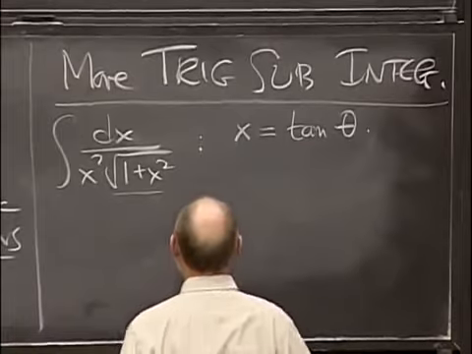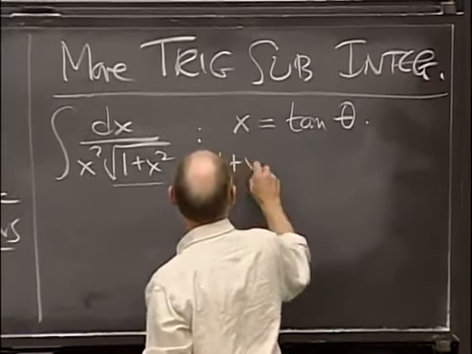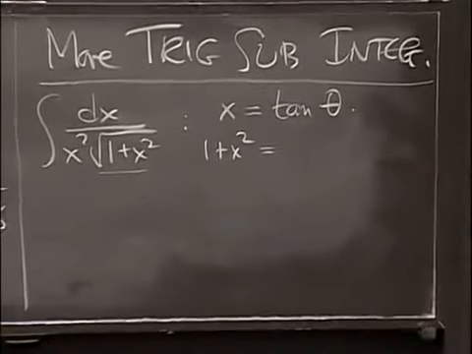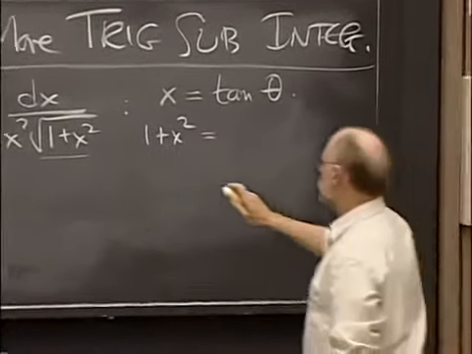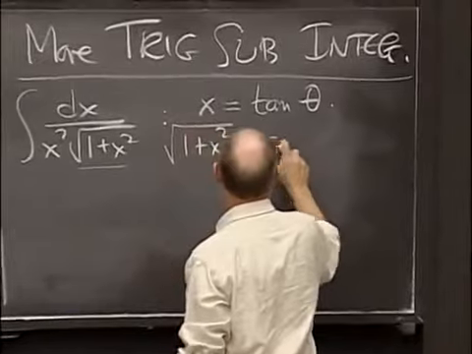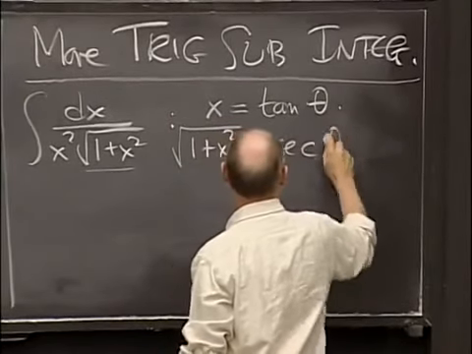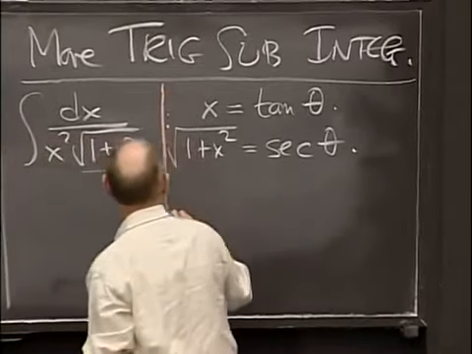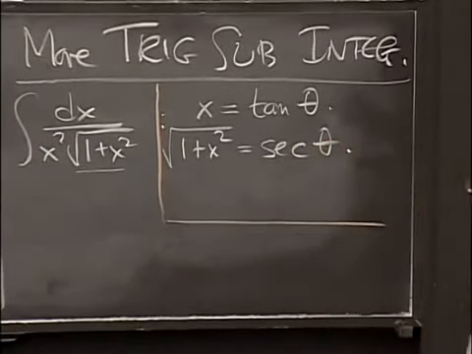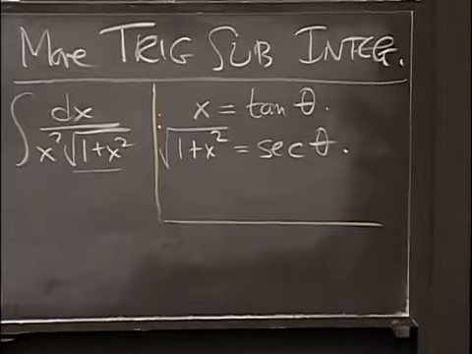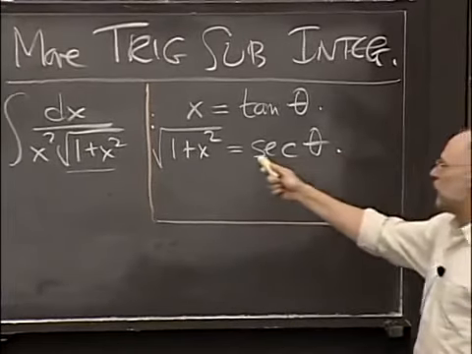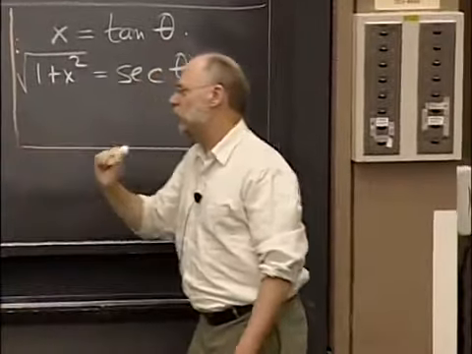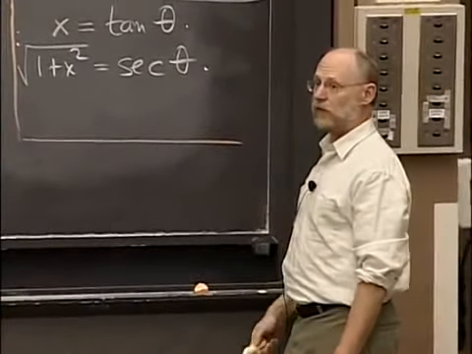Then 1 plus x squared is the secant squared, according to that trig identity. And so the square root of 1 plus x squared is the secant of theta. Right? So this identity is the reason that this substitution is going to help us, because it gets rid of the square root and replaces it by some other trig function.